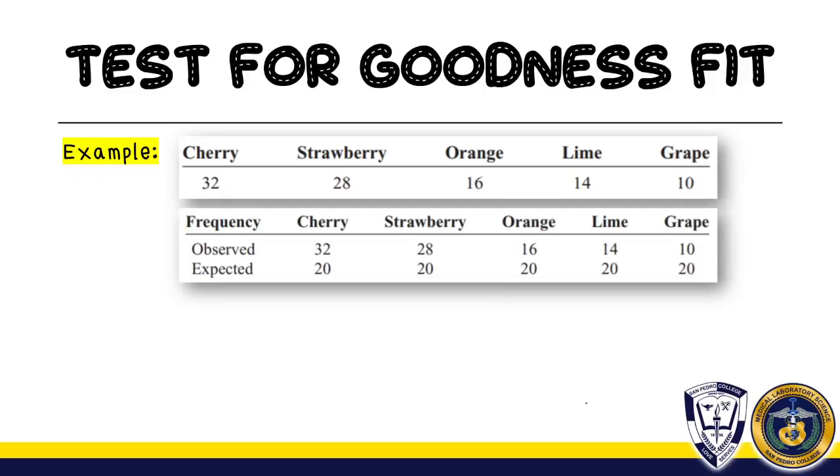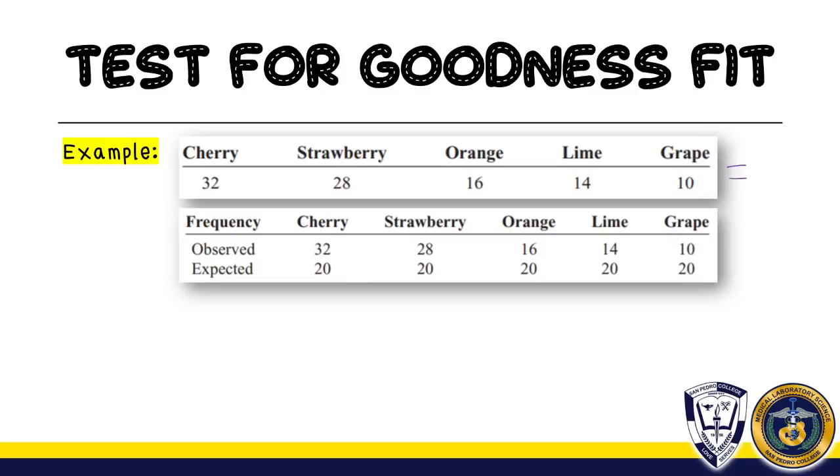Now, what we need to do next is to get the observed and expected frequency. Since wala po akong sinabi na specific na expected na number, pwede po ganito ang gagawin. If there is no expected frequency mentioned in your problem, all you have to do is total your number of samples and divide it by the number of categories.